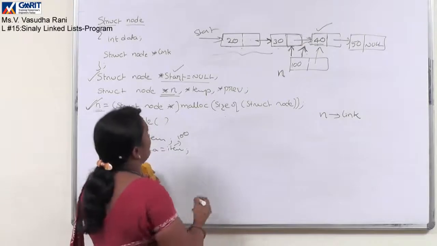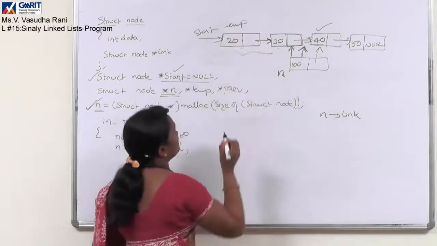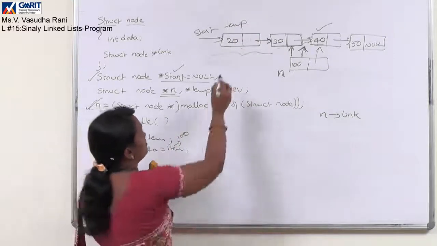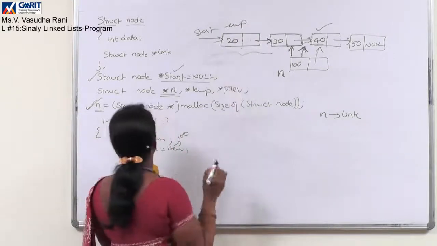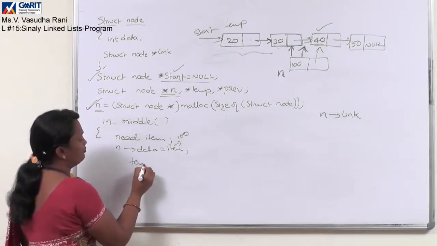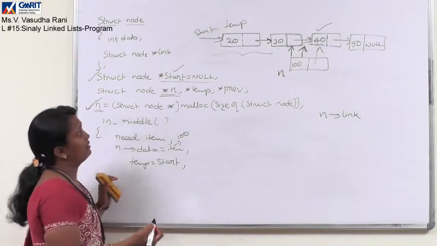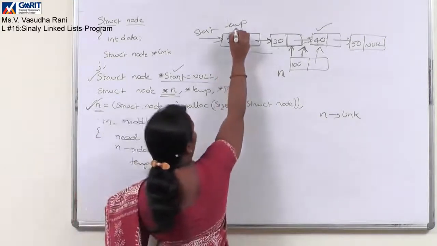For traversing, we'll take the first node as our temp node. So this is made as our temp node. I will make temp equal to start. So this is our temp node now.